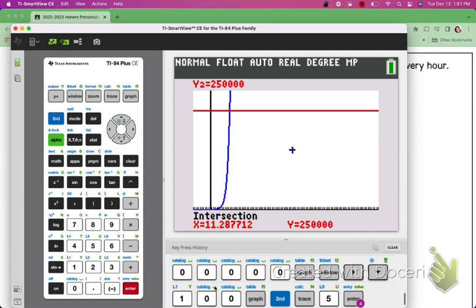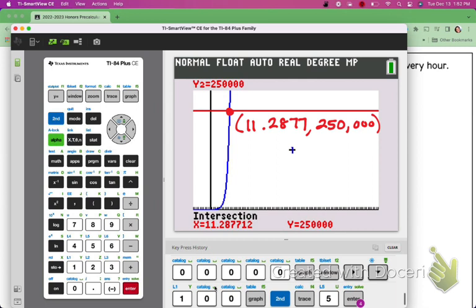If you just wanted to make a quick sketch of that on your graph, your intersection of the two lines would be your answer. So 11.2877, comma, 250,000. Okay? So use those graphing calculators to help make sure you're getting correct answers.